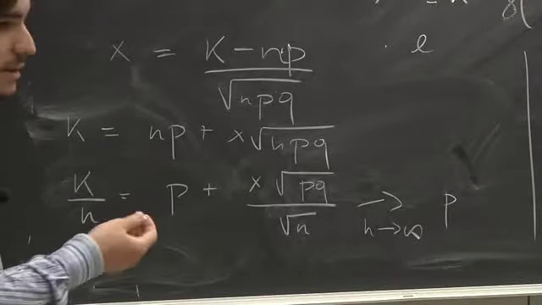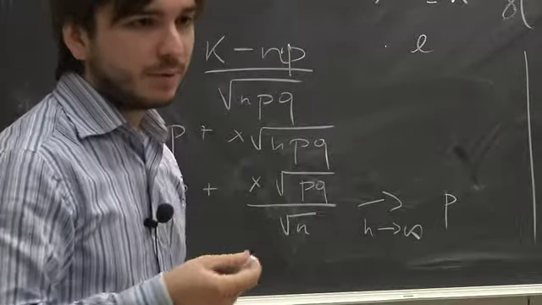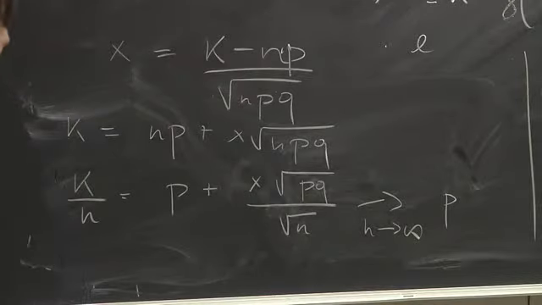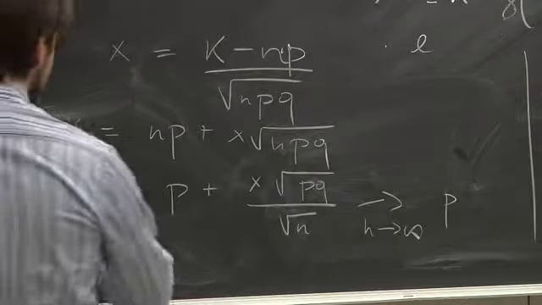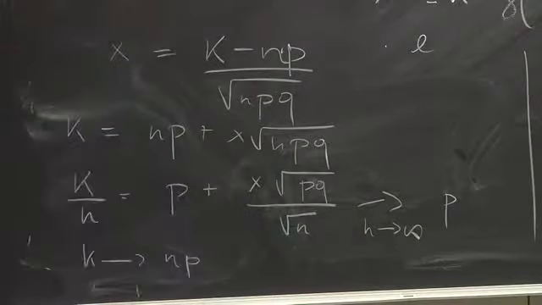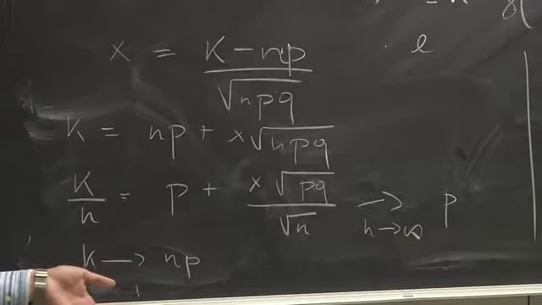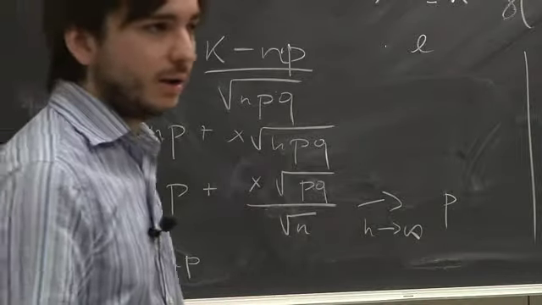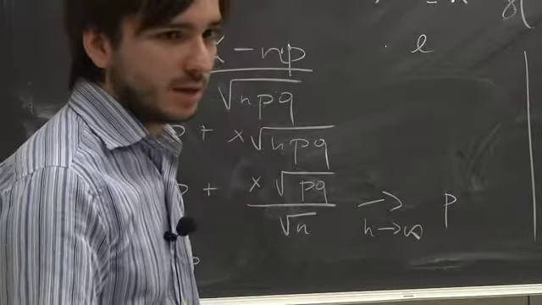If you want, this is in a sense the law of large numbers. I don't know if you have already seen it, but you can rephrase it in this way: k is going to np, meaning that you're converging to the mean of the distribution when n is large. It's like you toss a coin a large number of times.